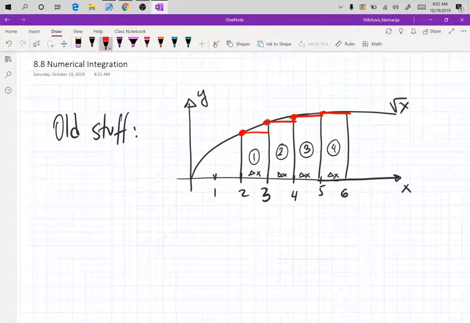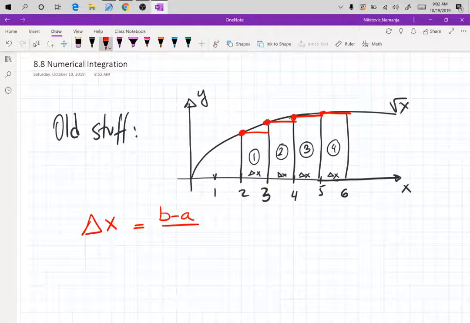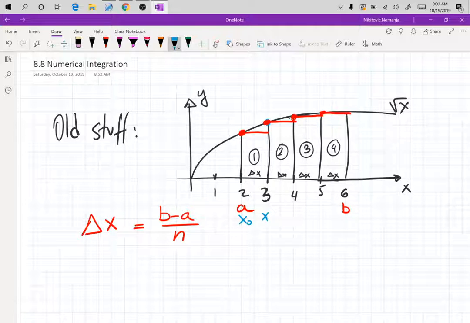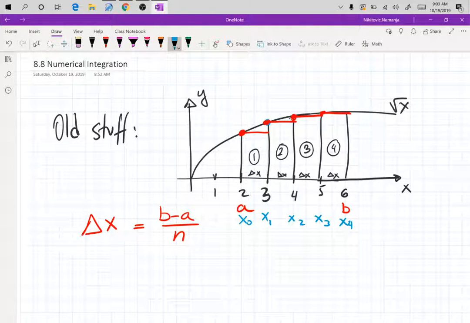And the formula that we use for delta x is b minus a over n. And for us, a and b are the numbers that are the interval for our integration. We also use values x0, x1, x2, x3, and x4 in this case to denote the x values that we'll be using to calculate.